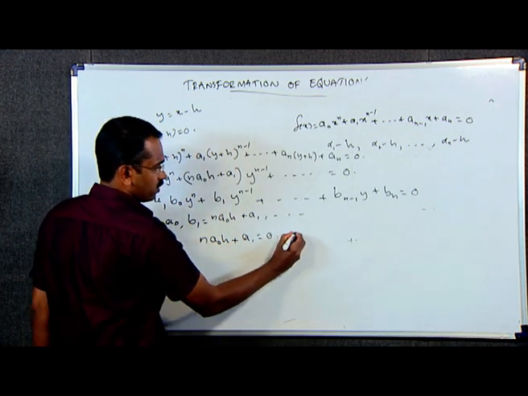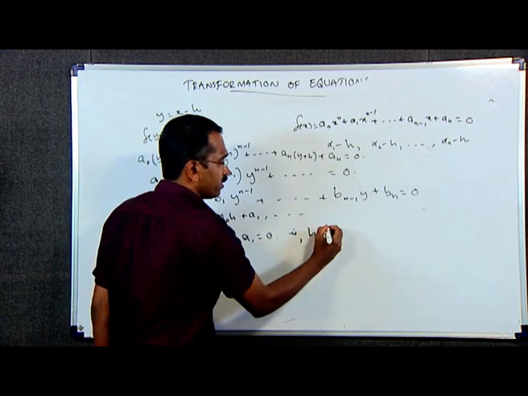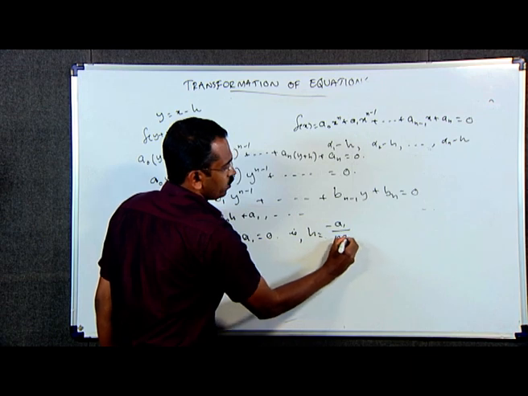That is h is equal to minus a 1 divided by n into a naught.